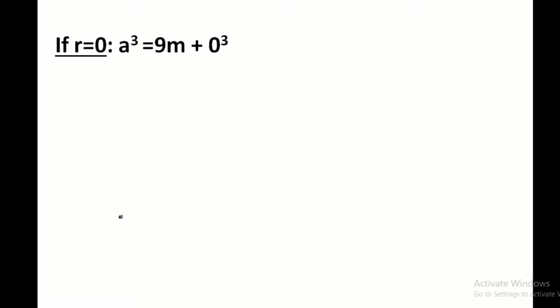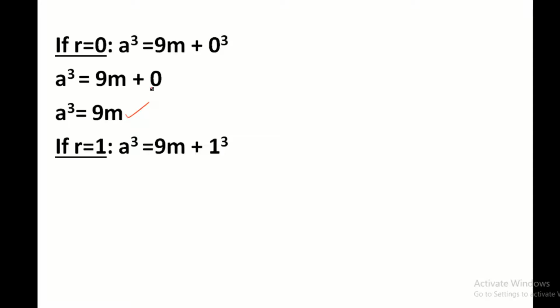Now I am going to apply the conditions for r. If r is equal to 0, from the leftover I replace r with 0. Then a cube is equal to 9m, which is one of the conditions we have to prove. Similarly, if r is equal to 1, then it becomes 9m plus 1 cube, and 1 cube is nothing but 1.